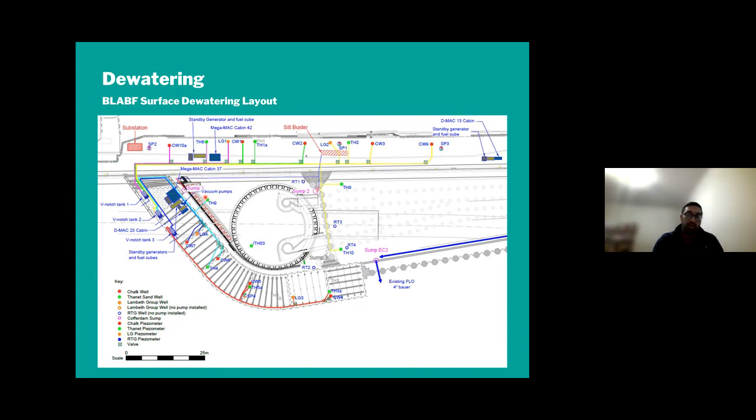There were a lot of very highly sensitive assets in the area, and if the dewatering was to fail whilst we were still installing or driving the shaft, which obviously takes months in itself, then a lot of those assets could be adversely affected.